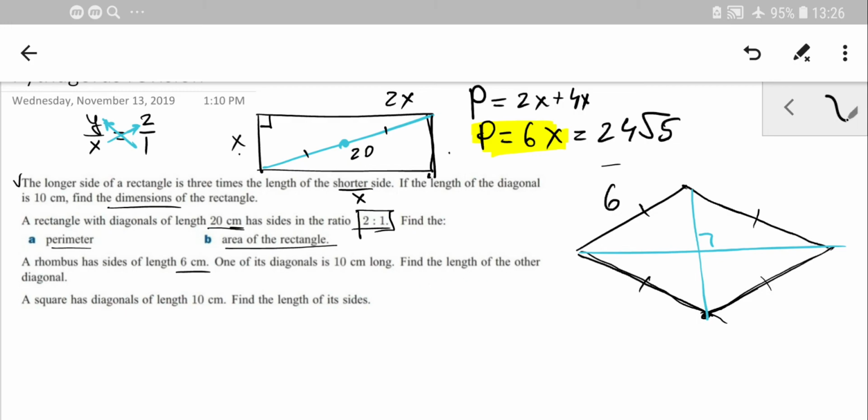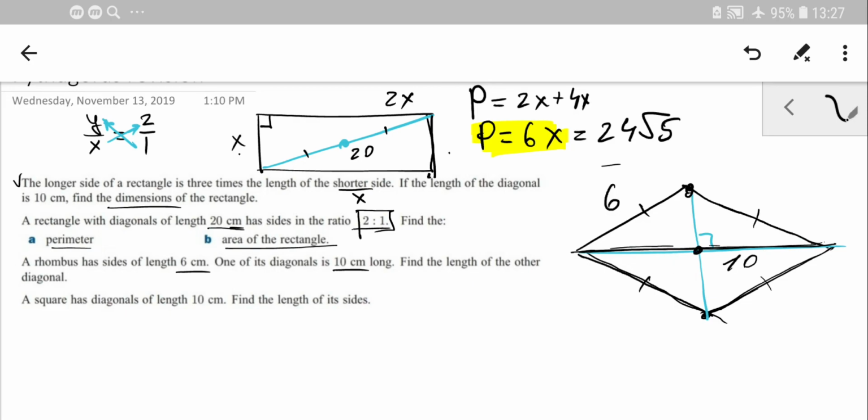Okay, so this is about how to figure out the length of the other diagonal. Let's say it's x. What if we mark this horizontal diagonal to be 10? Right, we can do that.